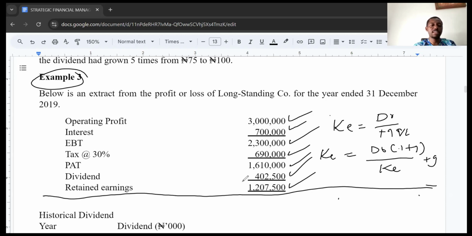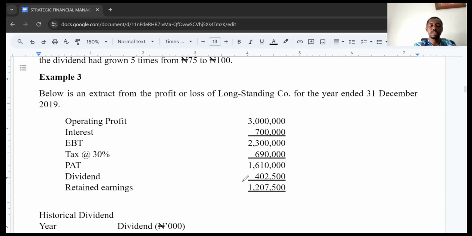Now, if you look, the examiner didn't give you anything like growth rate, say g equal 5% or 6%. But being that you've seen this pattern, your dividend, which is your payout, and your retention, retained earnings, which is your retention, based on the Gordon's growth model, definitely you know that you are not using the formula without growth.